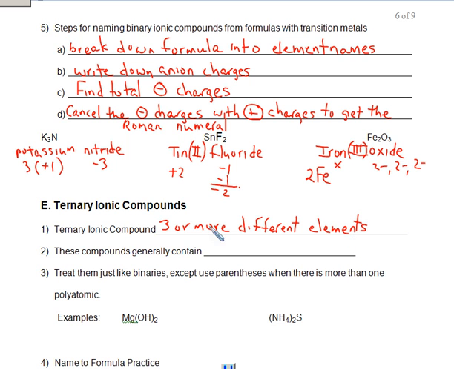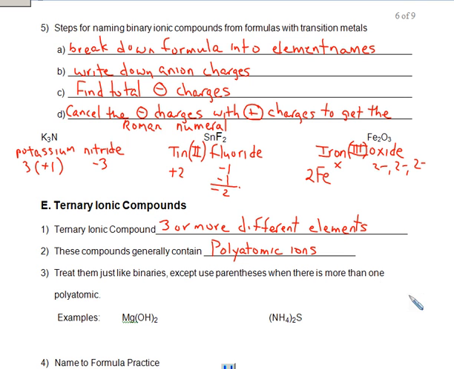So generally these compounds contain polyatomic ions. So ternary ionic compounds are 3 or more different elements, and the compounds generally contain polyatomic ions.